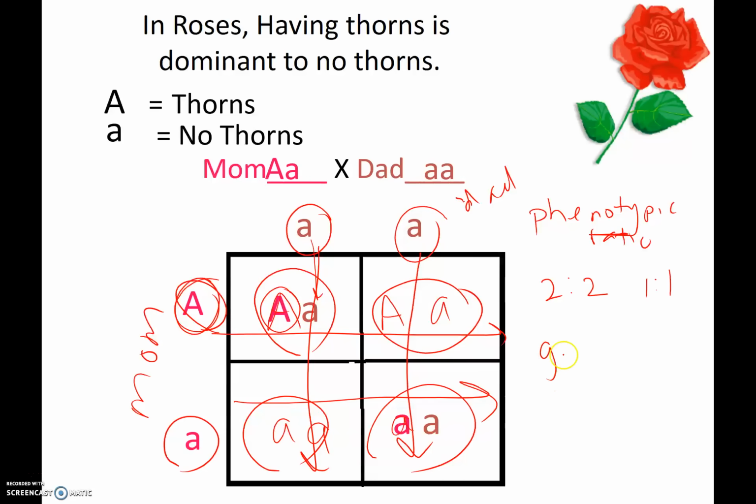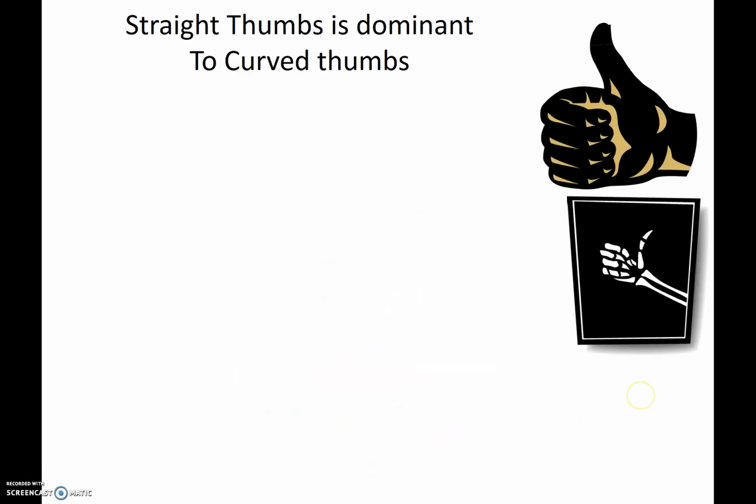If I were to ask you the genotypic ratio, you always want to start with what's most dominant. And here, heterozygous and homozygous recessive are 2 options. So that's like a 2-to-2, but we can reduce that down to a 1-to-1. So the genotypic ratio is also 1-to-1.